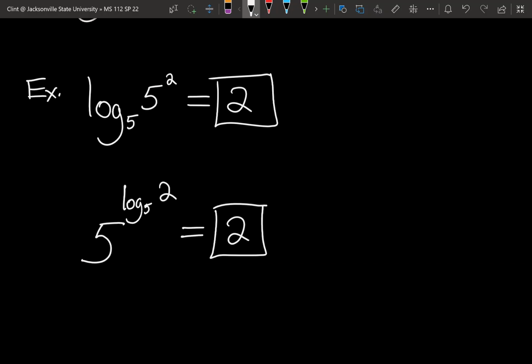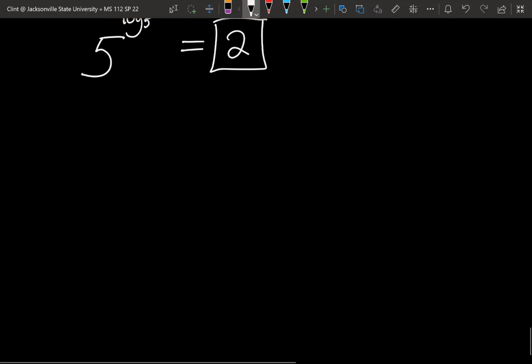Because of that, something else nice happens that makes some of these logarithm expressions really easy to simplify. We'd have a situation like this, where we've got log base 3 of 3.